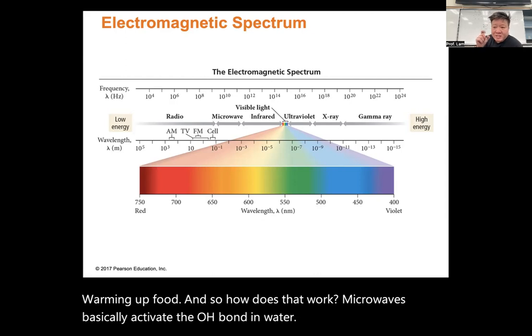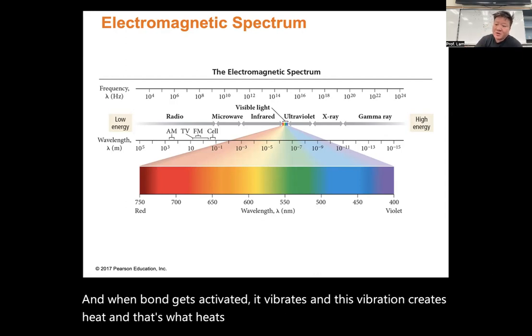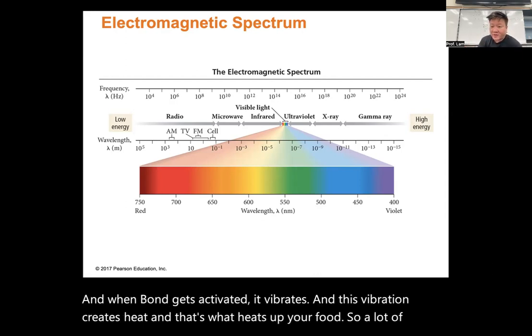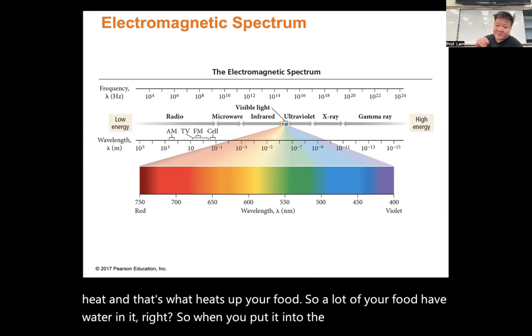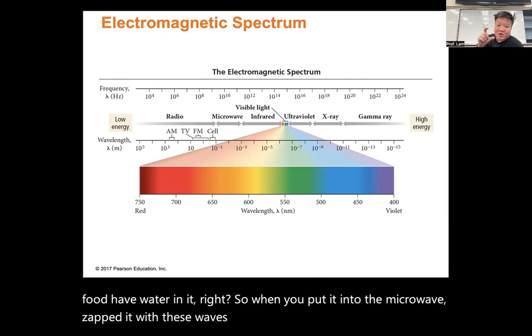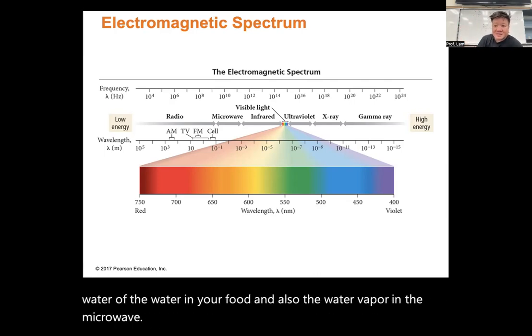When the OH bond gets activated, it vibrates, and this vibration creates heat, and that's what heats up your food. A lot of your food has water in it, so when you put it into the microwave, you zap it with these waves, and it's exciting the OH bonds in the water in your food, and also the water vapor in the microwave. And that's what heats things up.